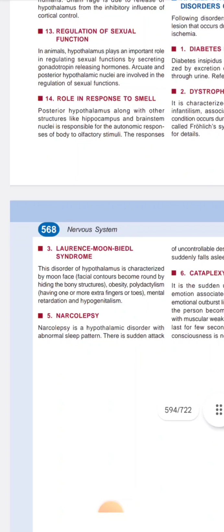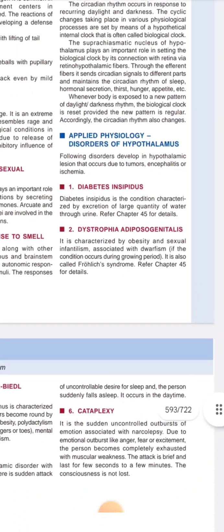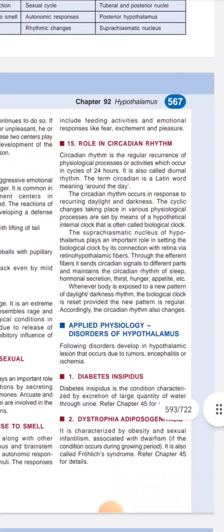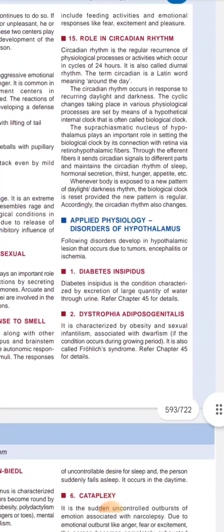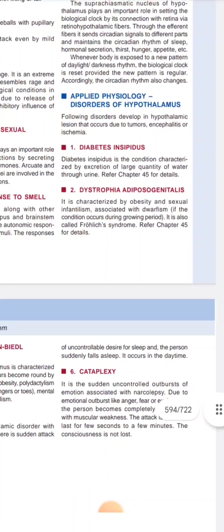So see here, posterior hypothalamus along with other structures like hippocampus and brainstem nuclei is responsible for the autonomic responses of the body to olfactory stimuli. And role in circadian rhythms. Circadian rhythms means the regular pattern of our life is set to normal by hypothalamus.